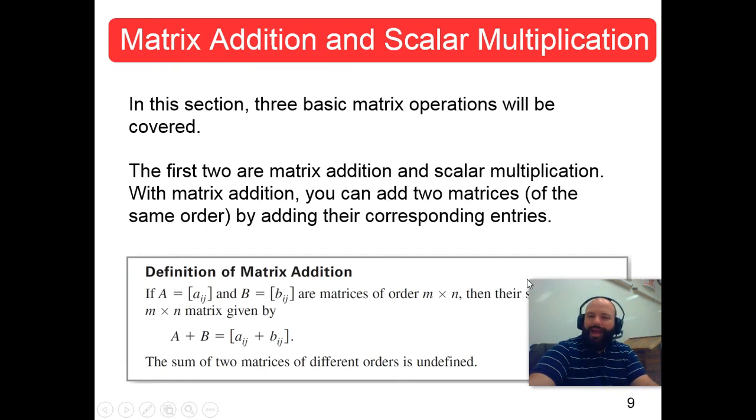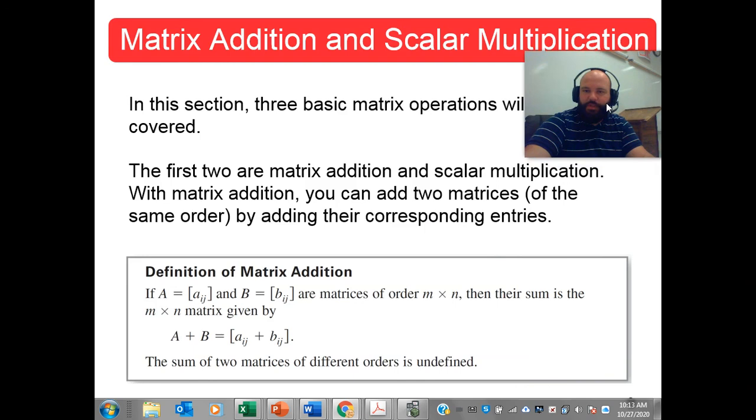Now, in order to add and subtract matrices, there's a couple things that you need to check. The first two are matrix addition and scalar multiplication. With matrix addition, you can add two matrices of the same order. That's really important. In order to add and subtract matrices, they need to be the same order.